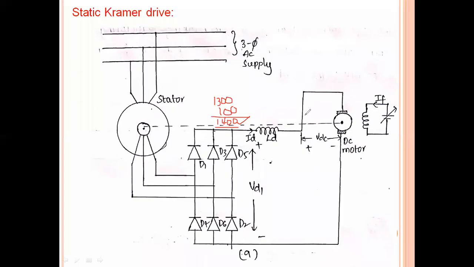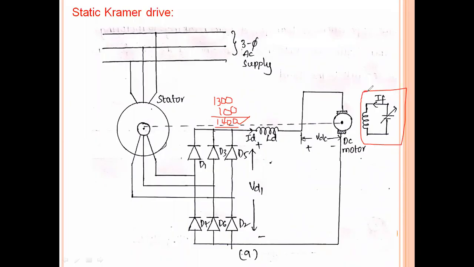In order to regulate the speed of this DC motor, you can see a separately excited DC motor is considered, because we have the freedom, the degree of freedom, to control the speed of the DC motor. In a series DC motor, we don't have any degree of freedom for regulating the speed with the help of field control, because in a series motor, field and armature are both in the same circuit.